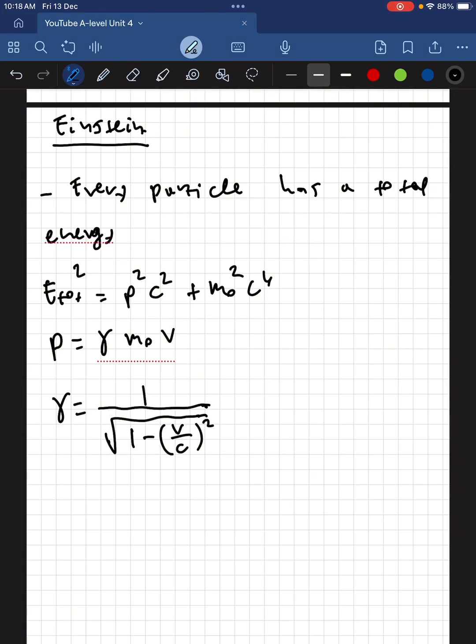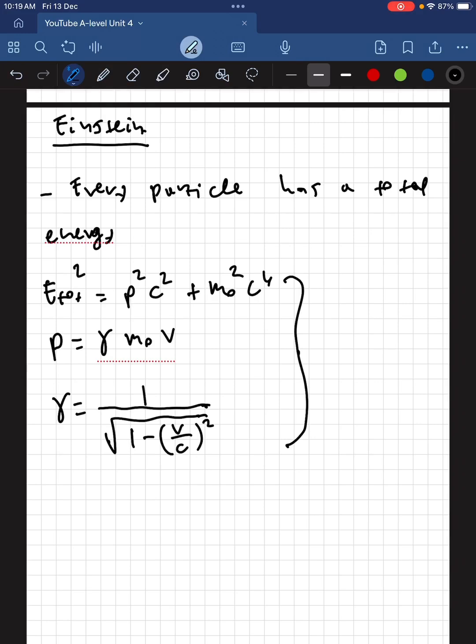So this is a dimensionless parameter because we divide velocity by the speed of light, so this is a pure number. And notice that the higher the velocity, the higher the gamma, right? And if the velocity becomes equal to c, we get 1 minus 1, 0, so we get 1 over 0, so we get gamma infinite, okay? But that's not possible.